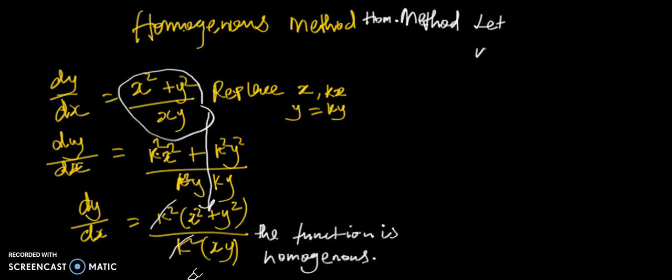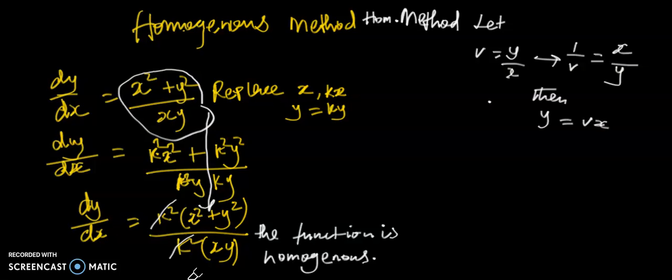We use v equal to y over x. This implies that 1 over v equals x over y. Then you have to also be aware that y is equal to v of x.